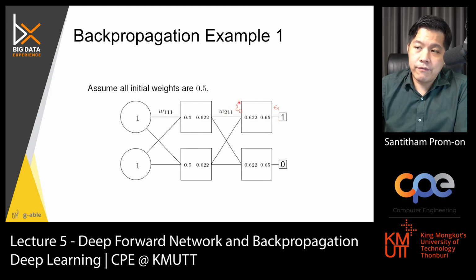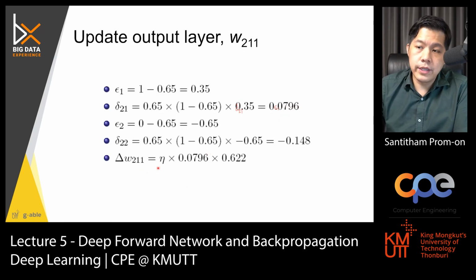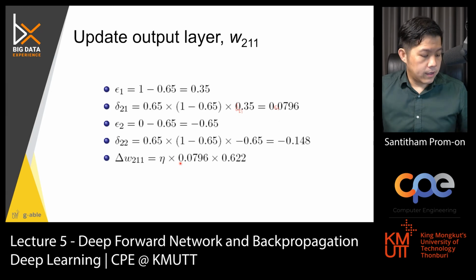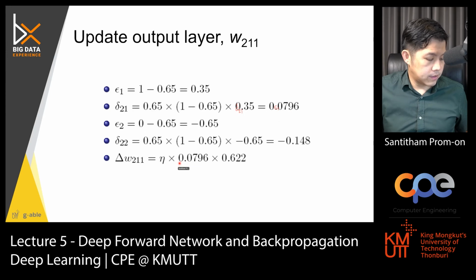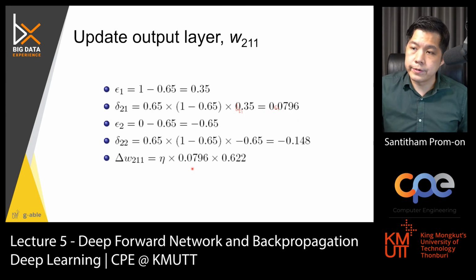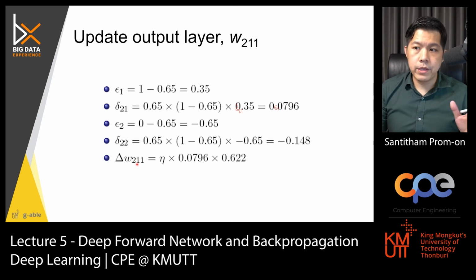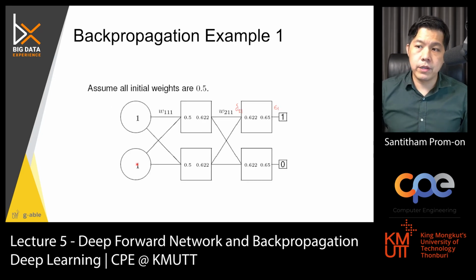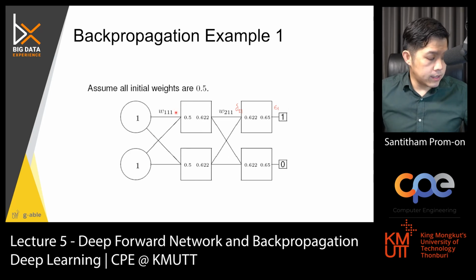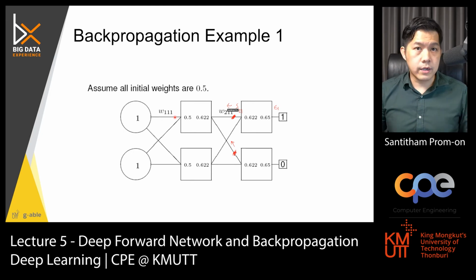So for this one, we have delta W211 equals eta, the learning rate, multiplied by the delta 21 here and multiplied by the input. Then you get this delta W211. That's for this layer. Now to compute the delta 11 of the previous layer, we need delta at this leg, and we also need delta at this leg, because each of these would contribute the error occurring at these two ends, which would come from the same source.